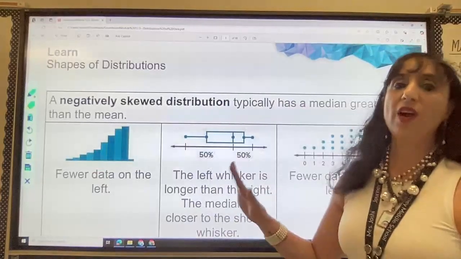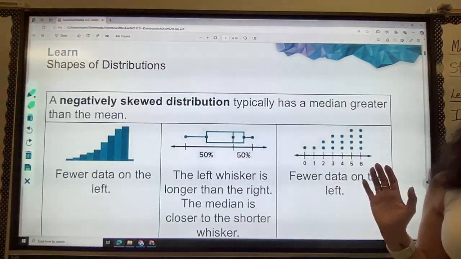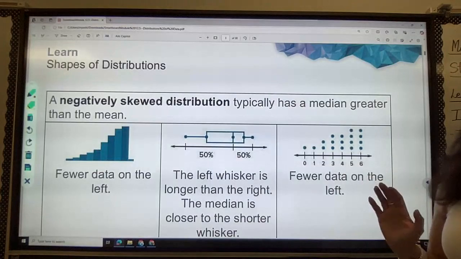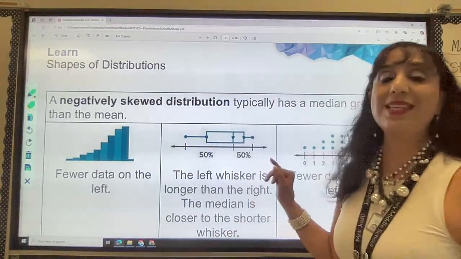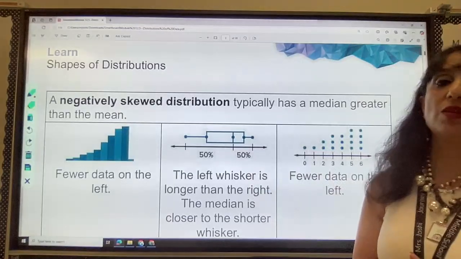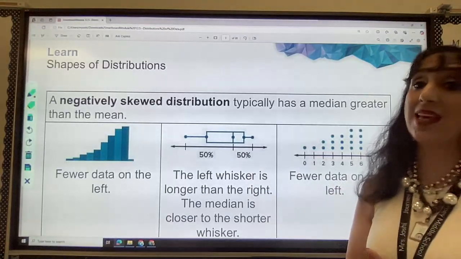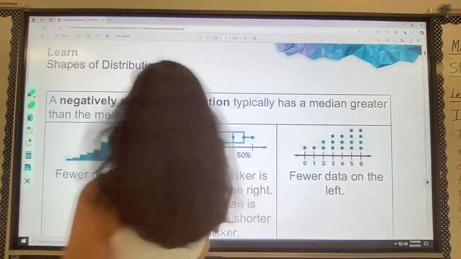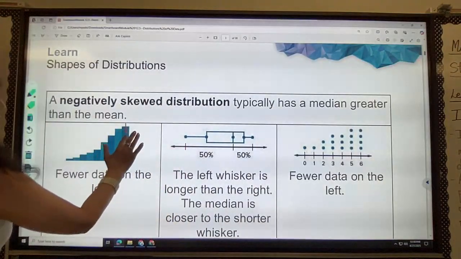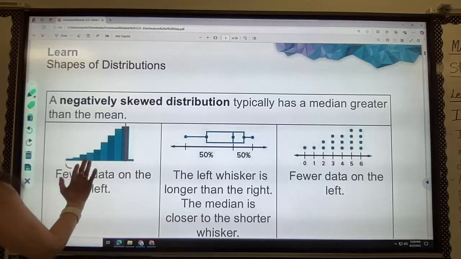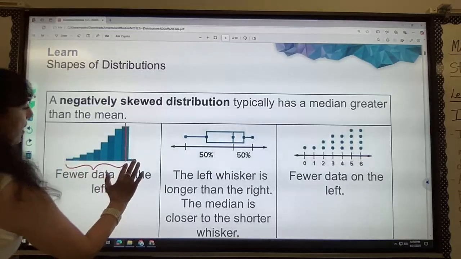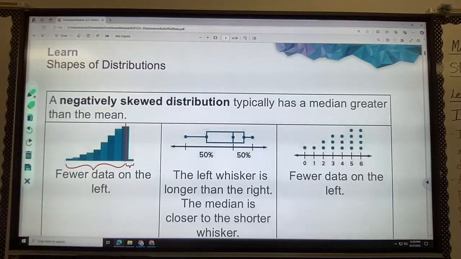All right, so here are 3. Again, I'm giving you an example of each. And in all of these, I can see that the mean is going to be less than the median. Because look, if I look at the tallest spot and I look at this and then I look at this.